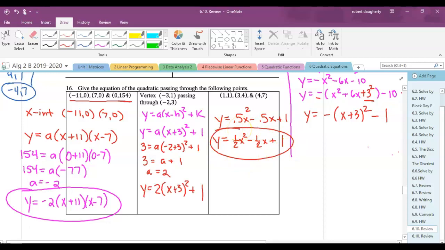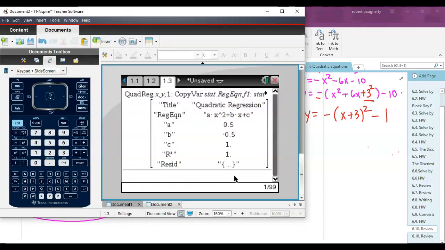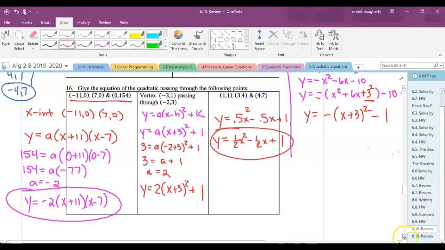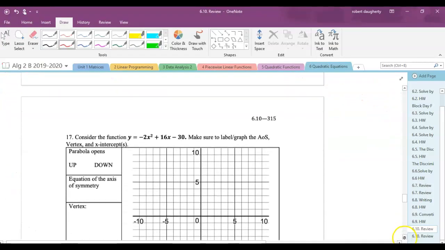So that is the equation. Let me double check that. That was a is 1/2, b is negative 1/2, and c is 1, okay? So the key there was I didn't have any intercepts to figure that out, okay?